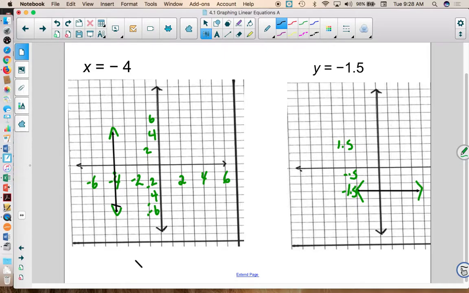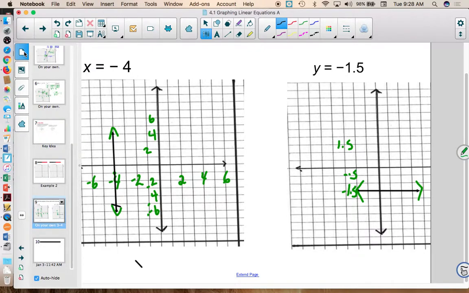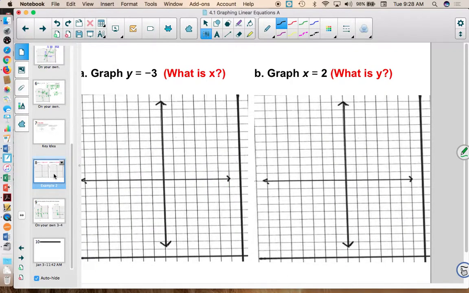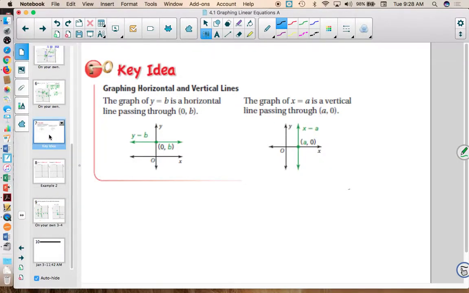Is y always going to be -1.5 on the horizontal line? Okay, that's what the slide ahead of this was. It was just telling you the rule there. Right there. Okay, the graph of y equals any number, therefore the b, is always going to be a horizontal line, and it's always going to pass through the y-axis.